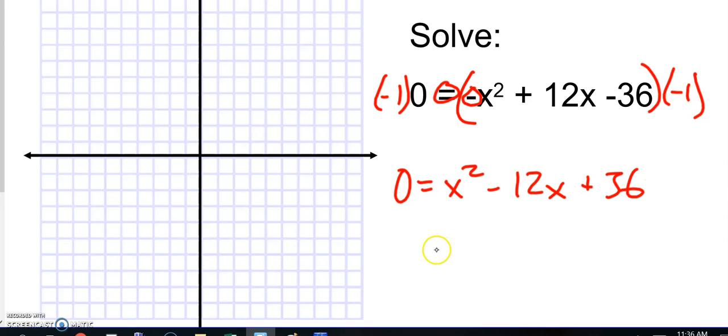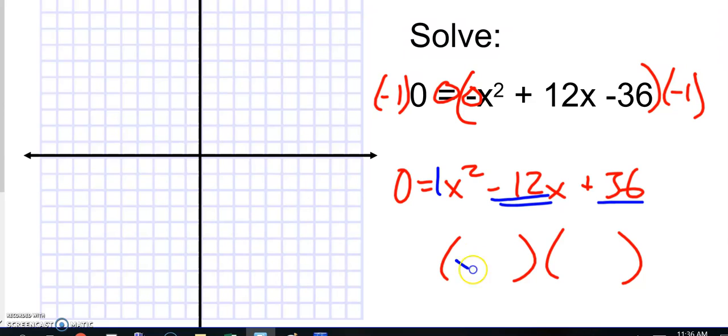What we're going to look for here is two numbers. Since the leading coefficient is 1, that makes this a lot easier. We just look for two numbers that multiply to 36 but add to negative 12, which is going to be negative 6 and negative 6. Here we can see there's only going to be one solution, x equals 6.